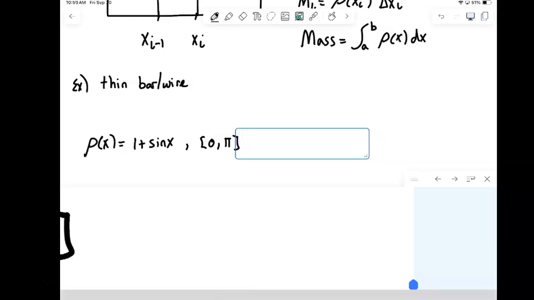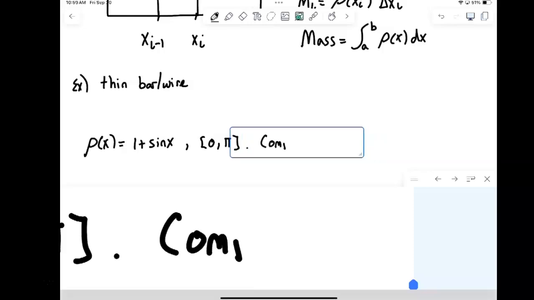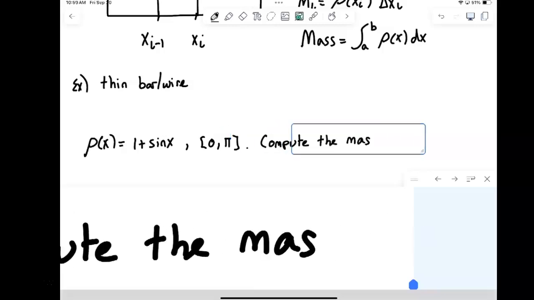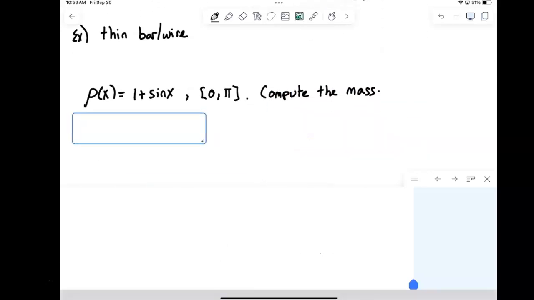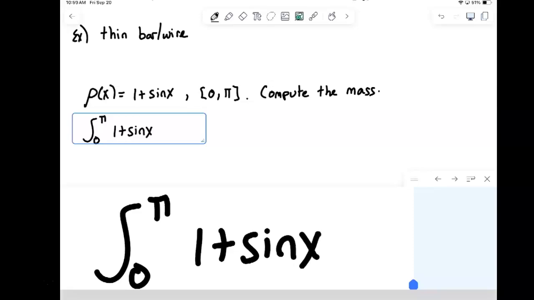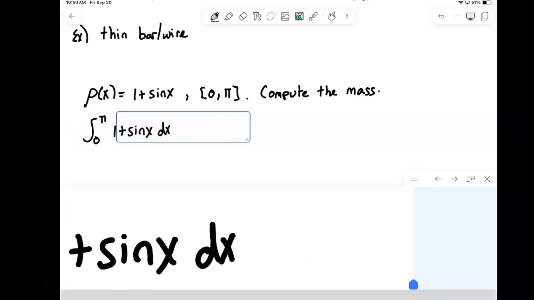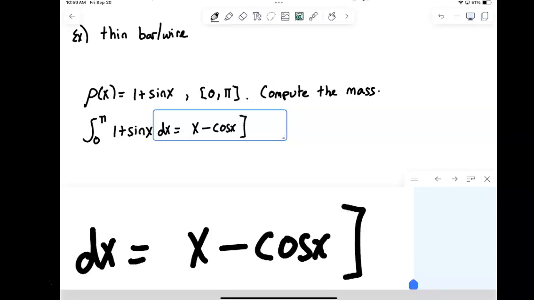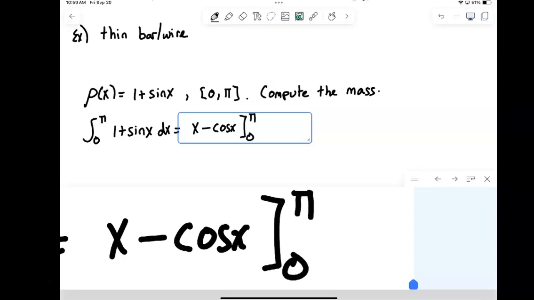And we want to compute the mass. So we would just do the integral from 0 to pi of our density function. And then we just integrate. The integral of 1 is just x. The integral of sine is negative, so minus cosine x, evaluated between 0 and pi.